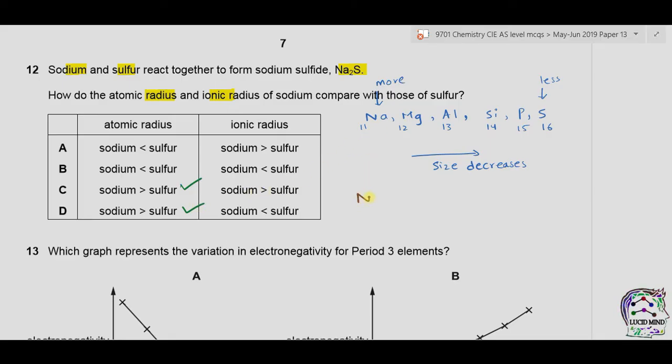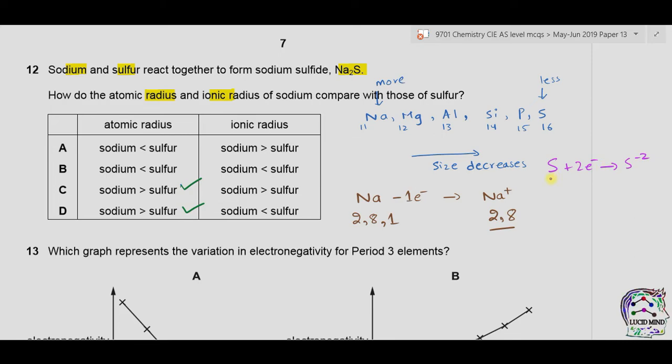Sodium is in group 1 of the periodic table and it will lose one electron to form Na+. The electronic configuration of sodium is 2, 8, 1, while for Na+ it is 2, 8, so there are only 2 shells left. While for sulfur, which is in group 6 of the periodic table, it will gain 2 electrons to form S2-.